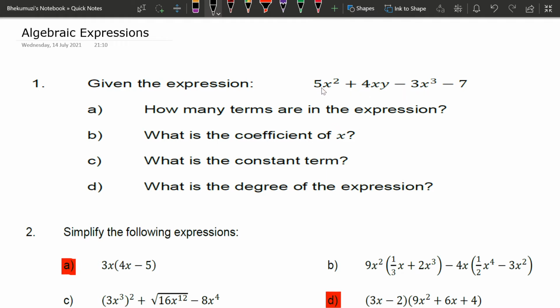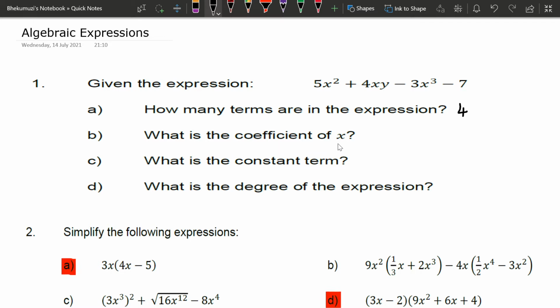So in actual fact, if we have 1, 2, 3, 4 things which are separated by the operations of addition and subtraction, then we have 4 terms. Okay, so how many terms do we have in the expression? It's 4 terms. As you can see, it's 5x to the power 2, 4xy, 3x to the power 3, and 7, right? And then the next question is, what is the coefficient of x?